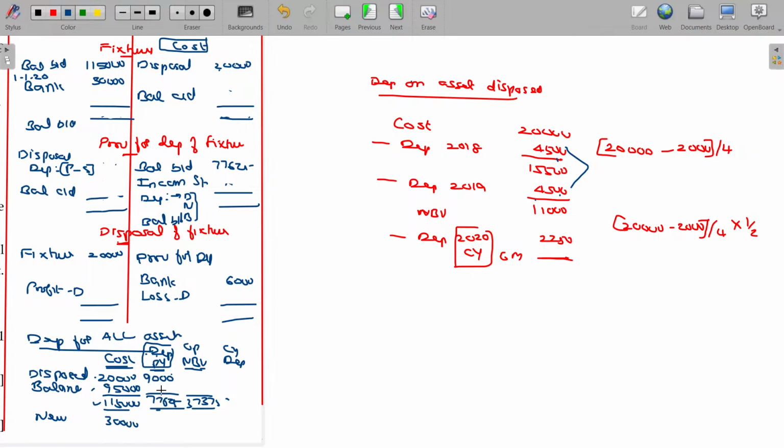And out of 77,625, 9,000 is for the disposed, means balance being 68,625 related to the balance asset. In this year, opening net book value is nothing but cost minus this one. So 20 minus 9,000, the value being 11,000. 95 minus 68,625, what is the value?